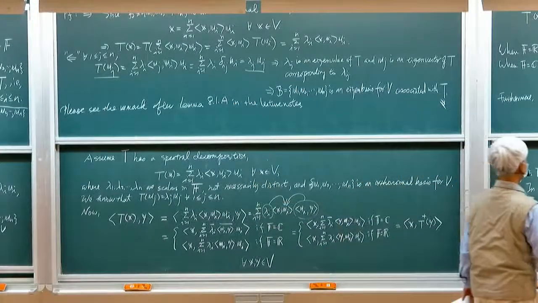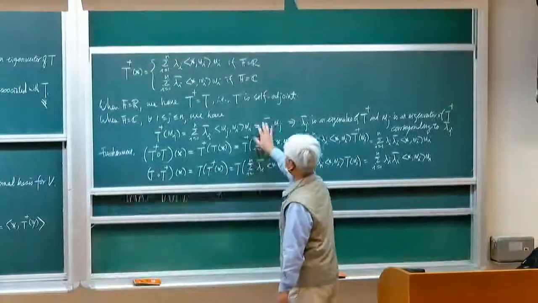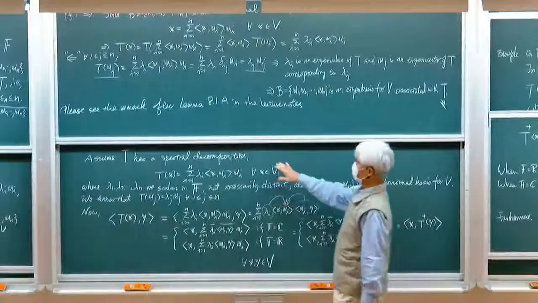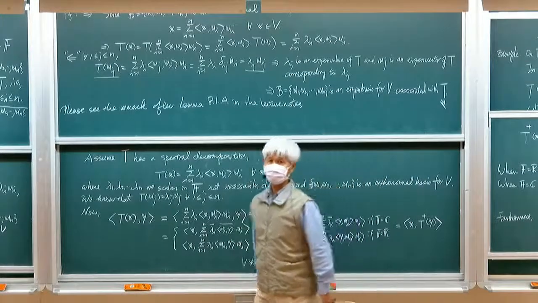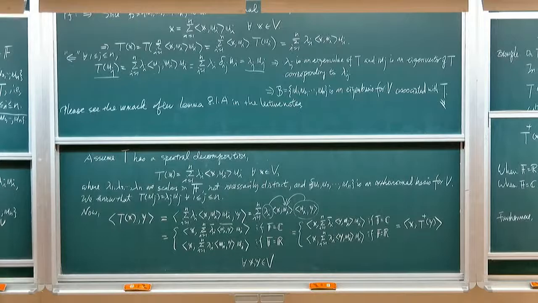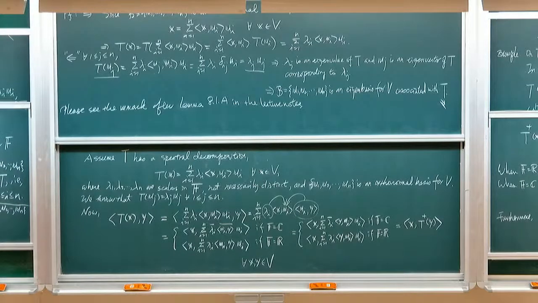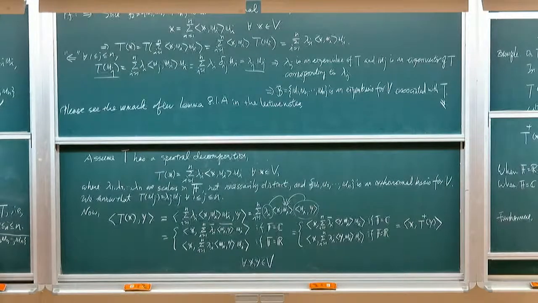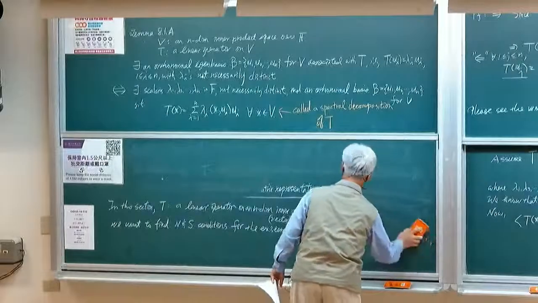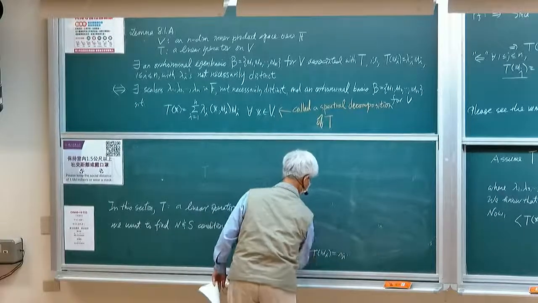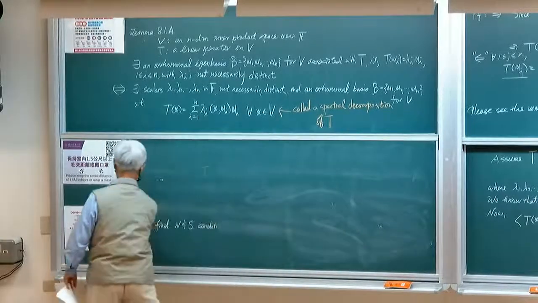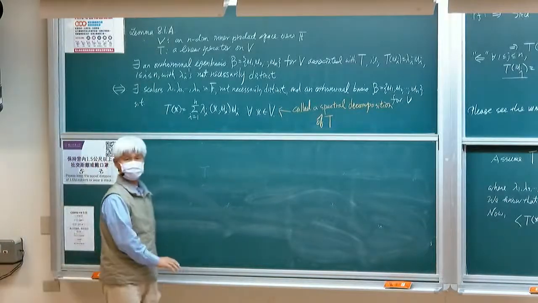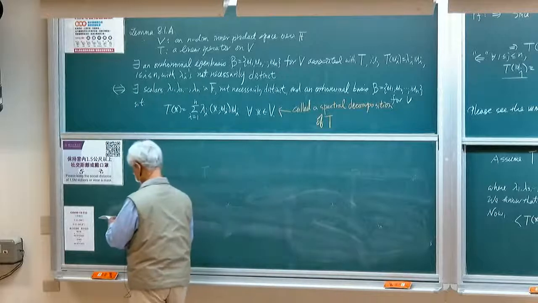And for the real case, we have to show that if T is self-adjoint, then T has a spectral decomposition. Any questions? Good.